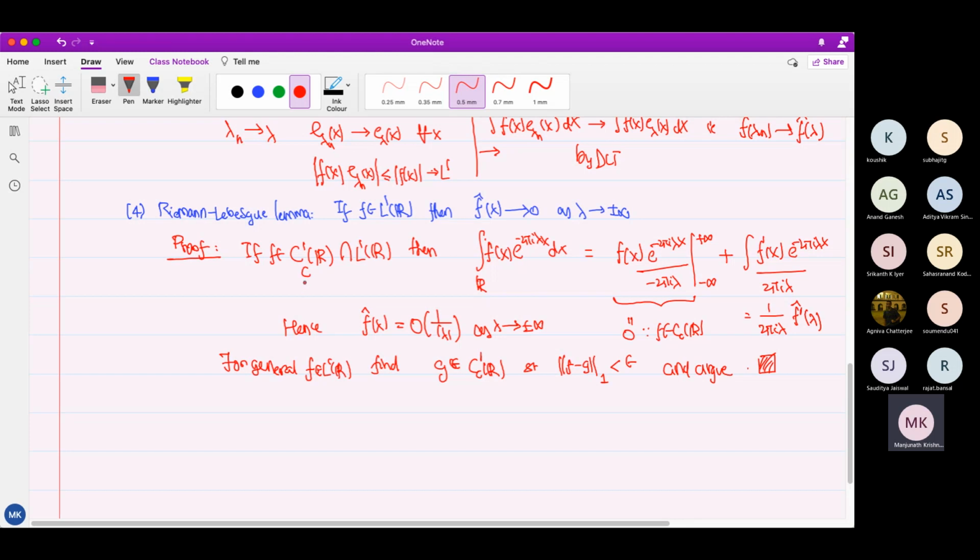This gives a very nice application, actually. As a corollary, for example, this is a useful thing.